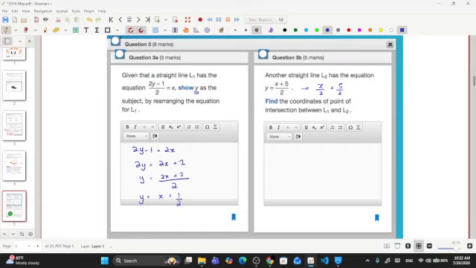And I know that y is the subject of both lines. So, I can say x over 2 plus 5 over 2 equals x plus 1 over 2. Essentially, I've equated both y's to each other.